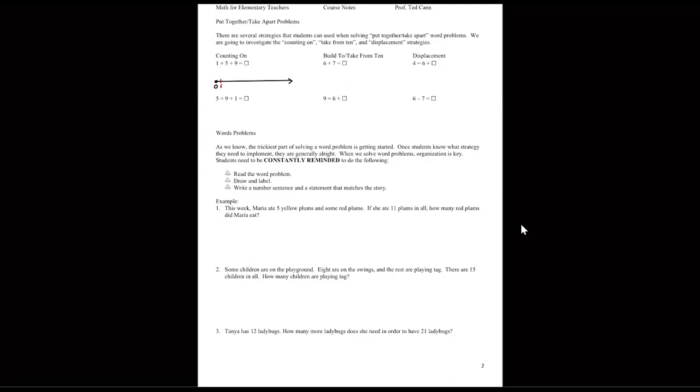What I would want to do is simply count on 5 more values, right? So 1, 2, 3, 4, 5 more values. So that gets me up to 6, right? And then I would want to count an additional 9 values. So 1, 2, 3, 4, 5, 6, 7, 8, 9. So very simple. Gets us up to a total of 15.